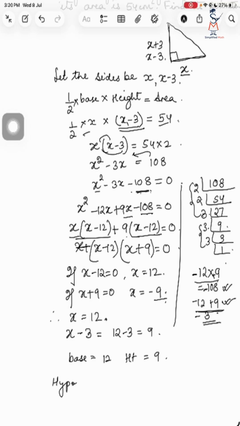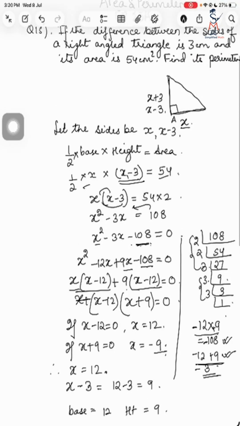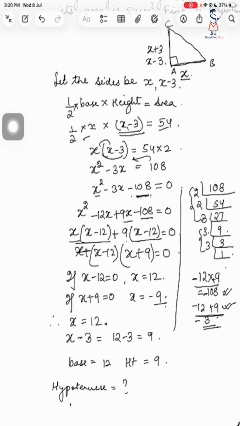Hypotenuse will be, by Pythagoras theorem we will apply and we will find the hypotenuse over here. So let us name it A, B, C. So what will be BC? BC square will be AB square plus AC square by Pythagoras theorem. Fine.